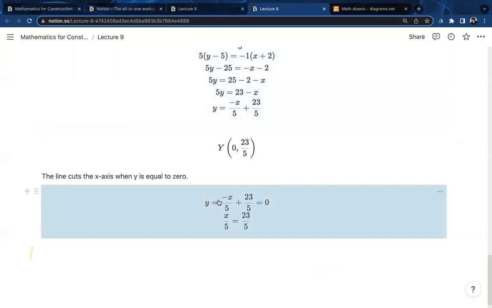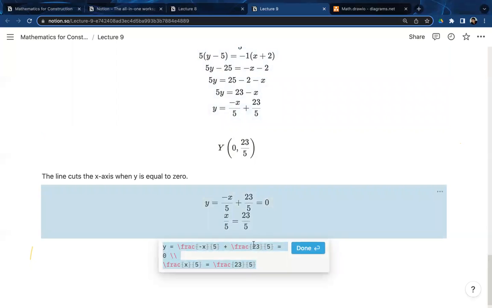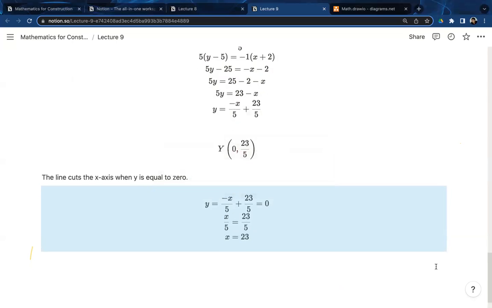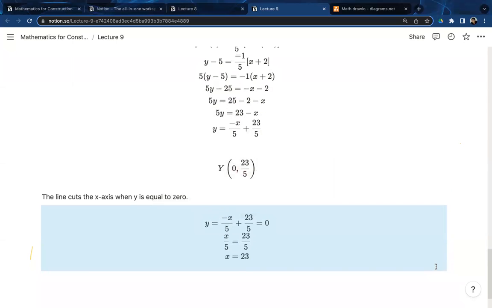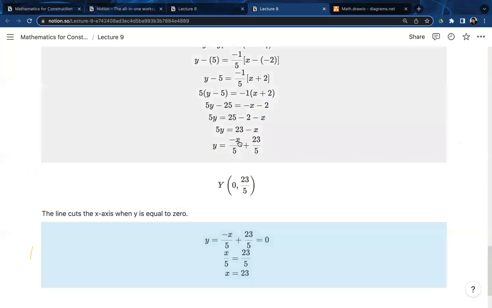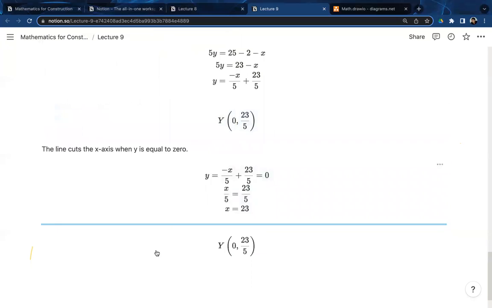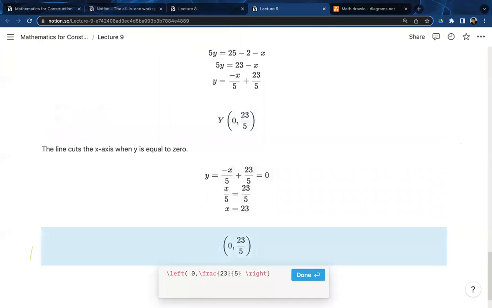I could take the minus x over 5 and throw it over on the right hand side. So then positive x over 5 is 23 over 5. And this means x is 23, right? So when x is 23, y is 0. That's a big value because there'll be minus 23 over 5 plus 23 equals 0. So x is the coordinate 23 and 0.